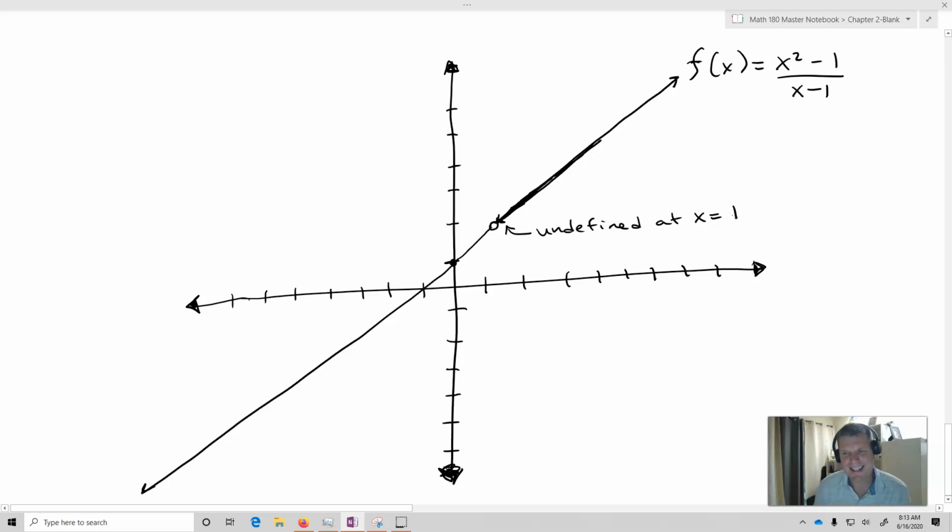However, f of x equals (x squared minus 1) over (x minus 1) is just equal to x plus 1, except at that one little point at which it's undefined. And that's why we end up with this graph. That graph is a graph of x plus 1, except for the fact that it's missing that point, okay? It's missing f of 1.